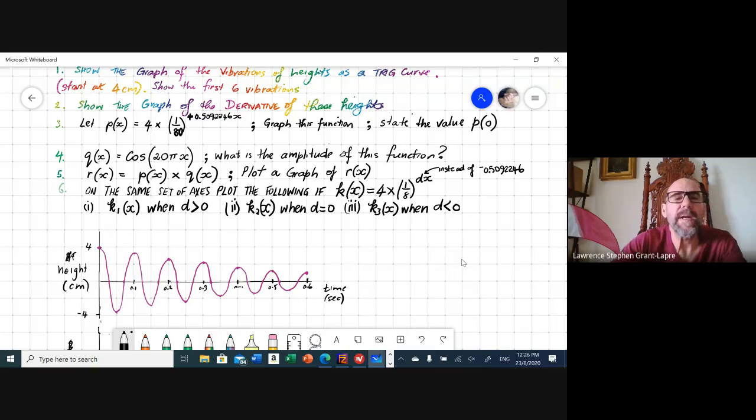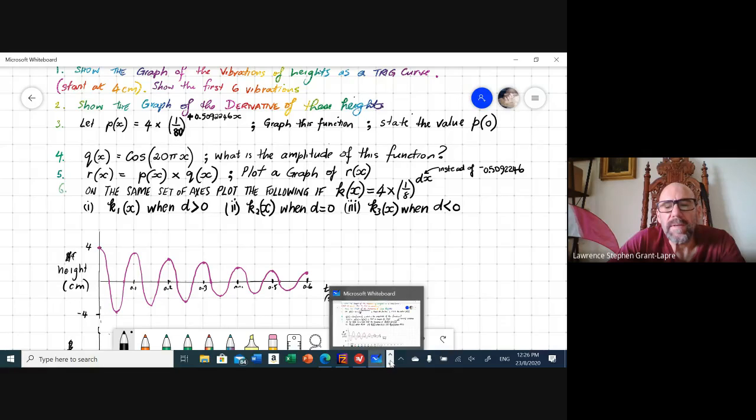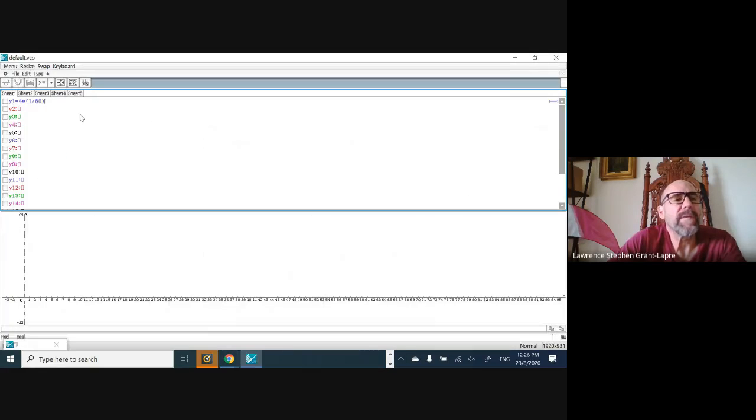But okay. It needs to be 80. Let's go back to the function. 1/80 to the power of 0.5092246x. Okay, let's sketch that graph.